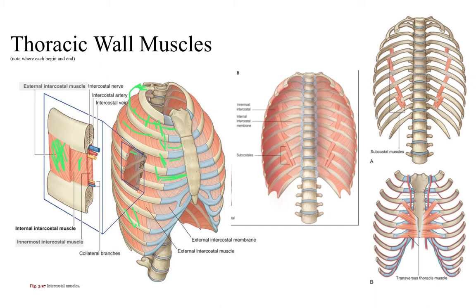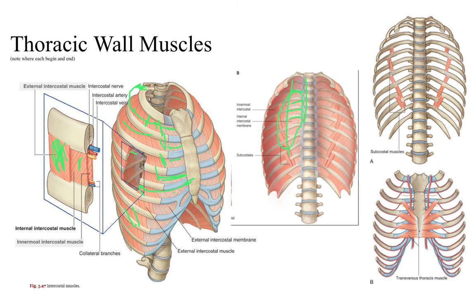So underneath the external intercostal membrane, you can see the internal intercostal muscle. And notice that that starts at the sternum and moves its way backwards and ends approximately the same distance to the vertebral column as the external intercostal muscles are to the sternum. And of course, then you have your internal intercostal membrane.